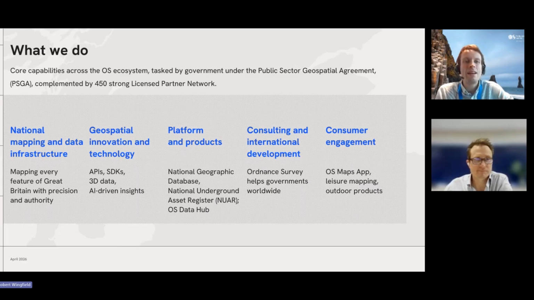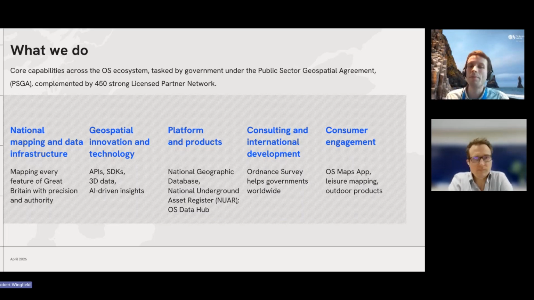So a couple of key points about the work that Ordnance Survey does. Ultimately, we create the national map. We very much underpin the work that we do with that national mapping and that data infrastructure, mapping every feature of Great Britain with that precision and authority, and ultimately consistency as well, right across Great Britain: England, Scotland and Wales.